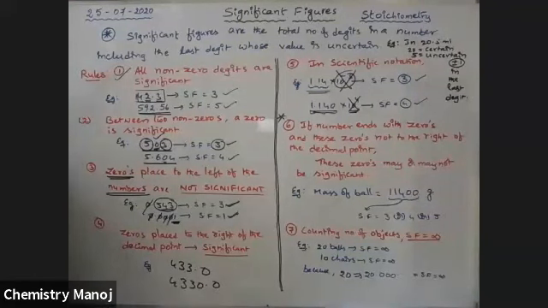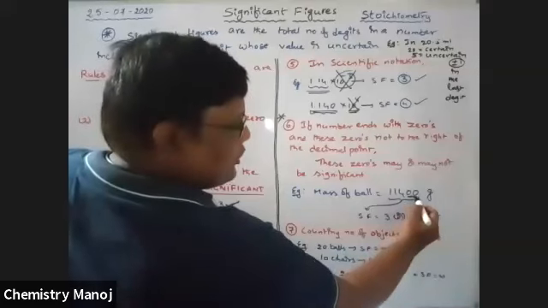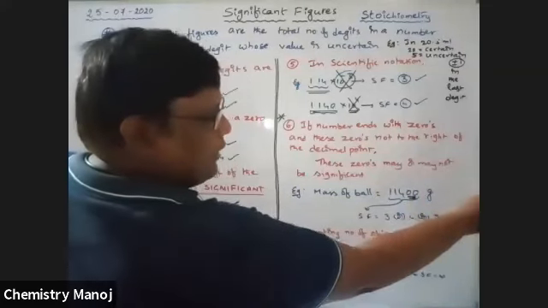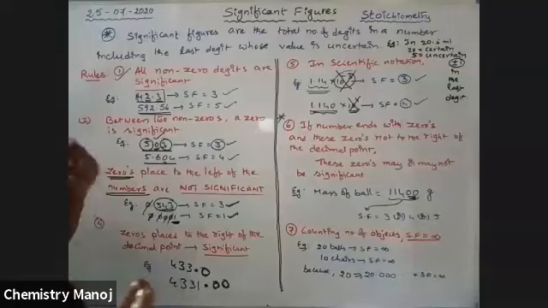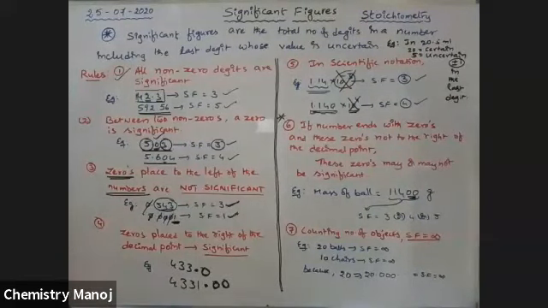These zeros are on the right side of the decimal point. But these other zeros are not to the right side of the decimal point. It is the left side. Please compare this rule with the earlier one.